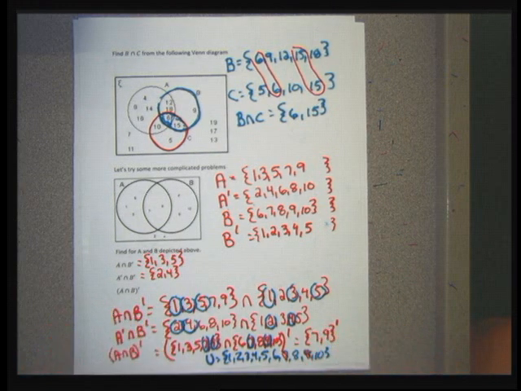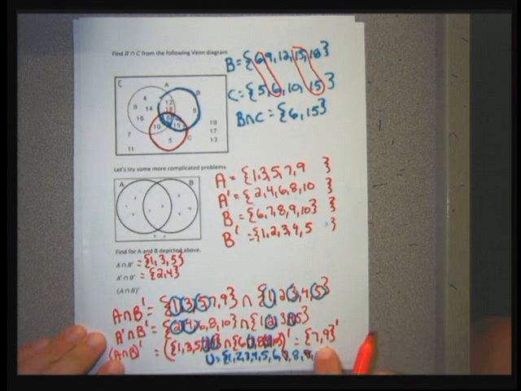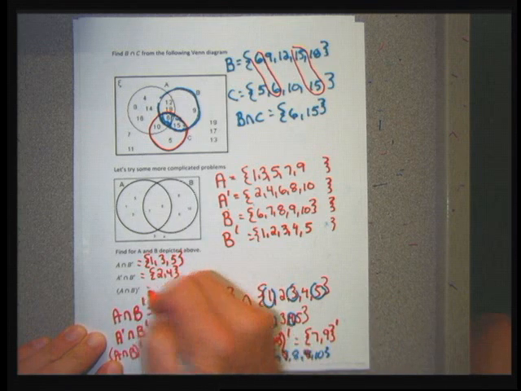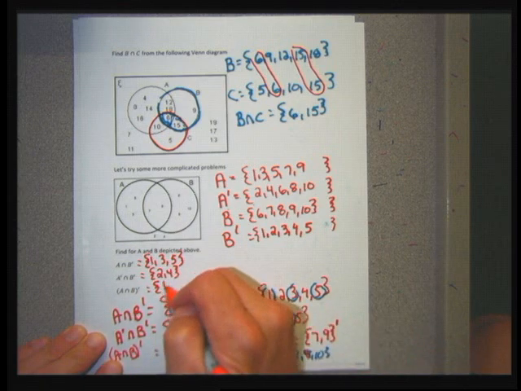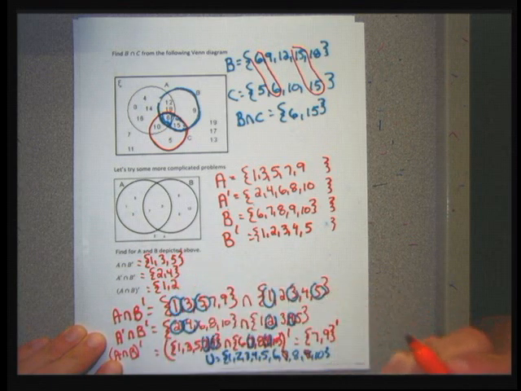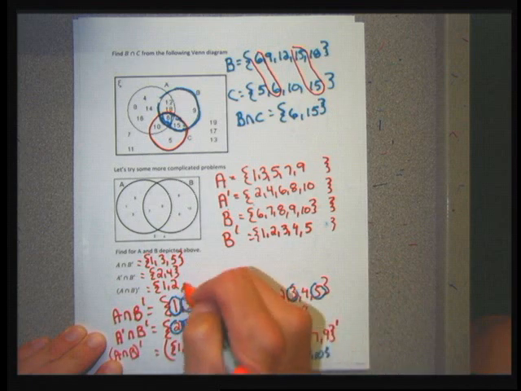So I'm crossing out 7 and 9. When I cross out the numbers, that's what the prime is. So the prime for 7, 9, which is A intersection B, is 1, 2, 3, 4, 5, 6, 8, and 10. So to do A intersection B prime, not looking at my pictures, I get the numbers 1, 2, 3, 4, 5, 6, 8, and 10.